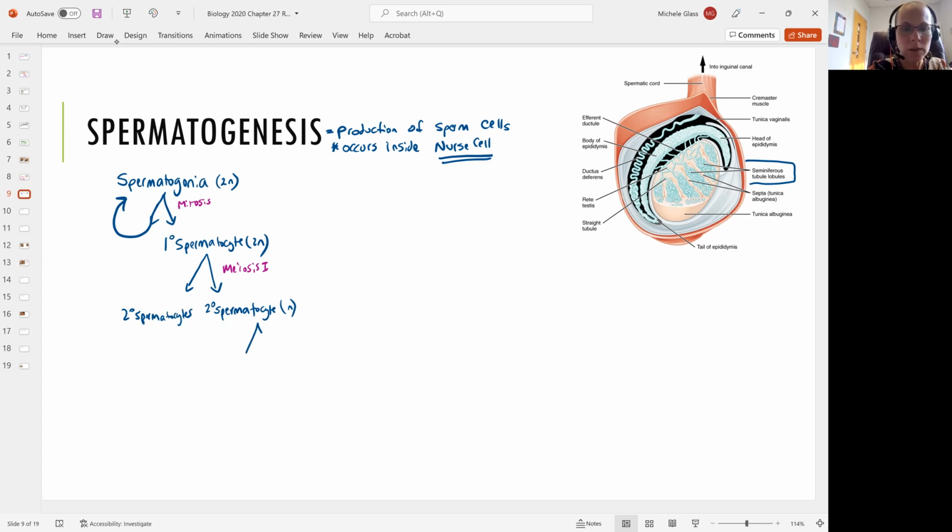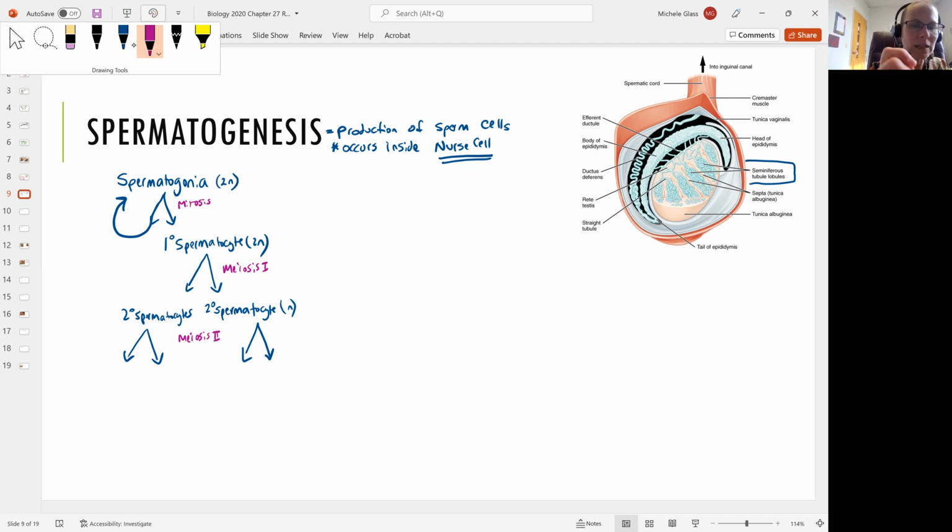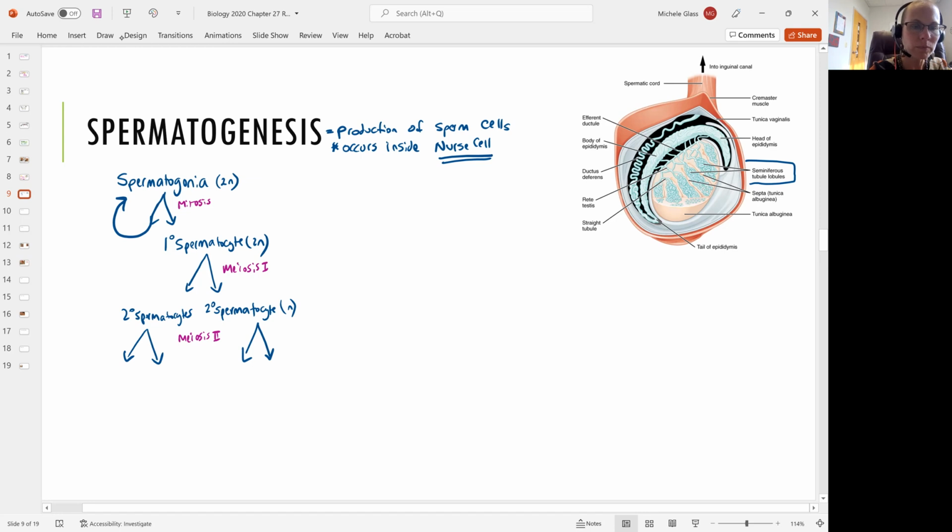Each one of these cells is going to go through a second division. So we're going to see here meiosis 2. So this is a second round of prophase 2, metaphase 2, anaphase 2, telophase 2. And what we produce at the end here will be haploid.